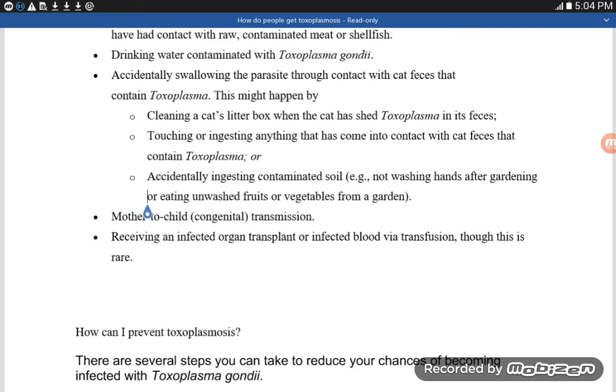In the case of blood transfusion also, there are some infectious agents they will check before transfusing the blood or after collecting it from the donors. But normally in Sri Lanka we do not check for toxoplasma in organ transplantation or blood transfusion. So these are the modes of transmission, how toxoplasma is transmitted to humans.